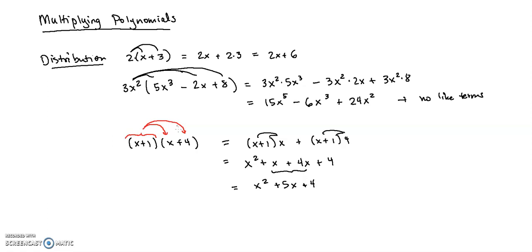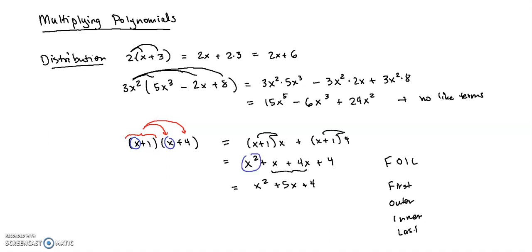Okay, so we can distribute 2 terms over 2 terms or even more. Now for this one, there's a shortcut that does both of these distribution steps all at once, and that's called FOIL. So it's first, outer, inner, and last, and it gives us these 4 combinations all at once. The first means the first terms in each group, that's right here.